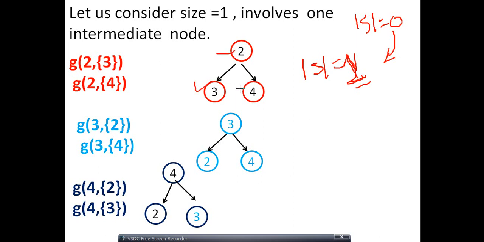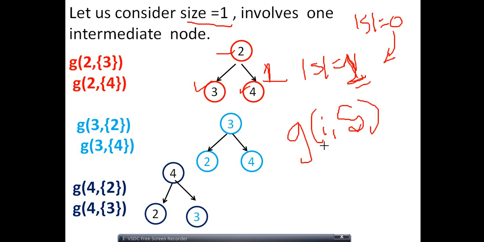Next stage is 1. 1 means what? First node, meaning 1 intermediate node. 2 can travel to third vertex and fourth vertex. So how many stages are coming here? Only 1 stage. So that's why we have to mark stage size is 1. So we'll write like this. So what is the formula?